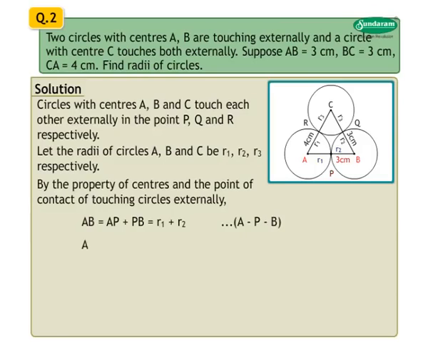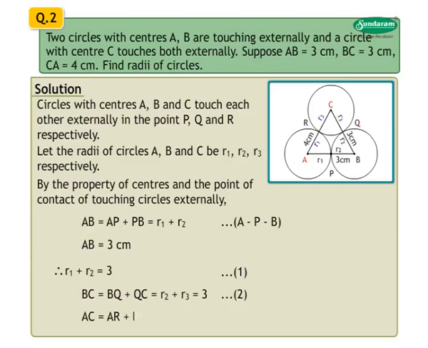But AB is 3 centimeters. Therefore, R1 plus R2 is 3 centimeters. Mark it as 1. Similarly, BC is equal to BQ plus QC, which is equal to R2 plus R3, is equal to 3 centimeters. Mark it as 2.